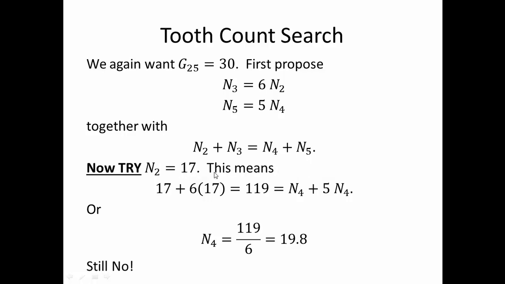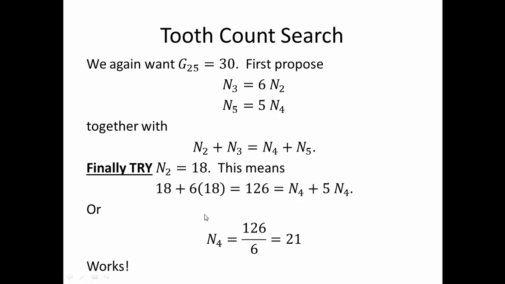So then let's try 17. You put 17 in for N2, and repeat, rinse and repeat. So that's 119 once you take N2 plus N3, and then you divide by 6 again because you're trying to solve for N4, and we're still at a fraction.